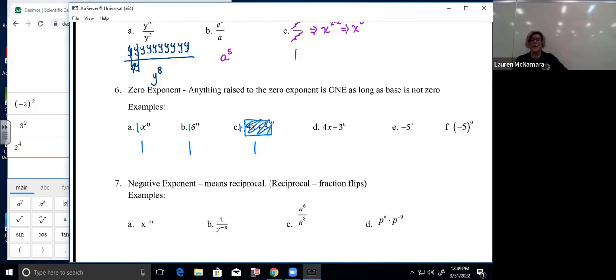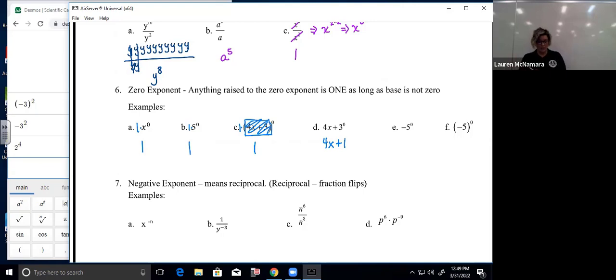Now looking at D, what's being raised to the 0 power? Yeah, just 3. So here I have 4x plus 1. My 3 to the 0 is 1. Now looking at E, what's the base of my 0 exponent? 5.